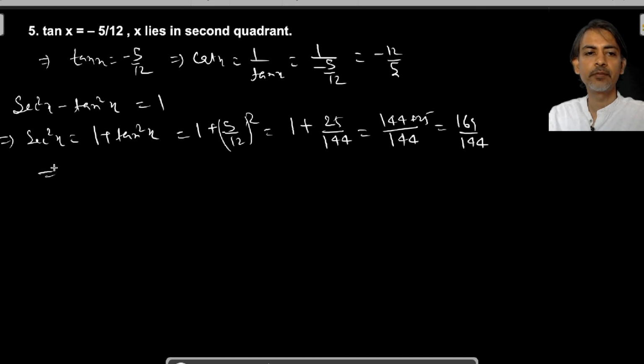So this will give me sec x equals the square root of 169 upon 144, and it will give me plus minus 13 by 12.